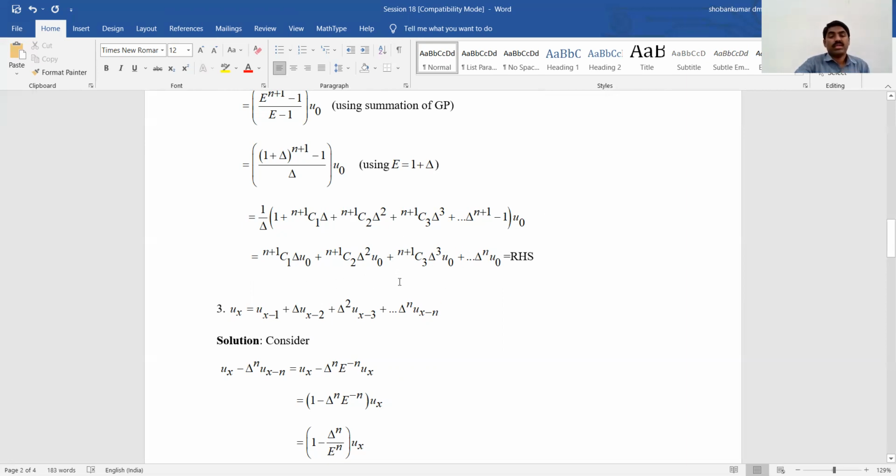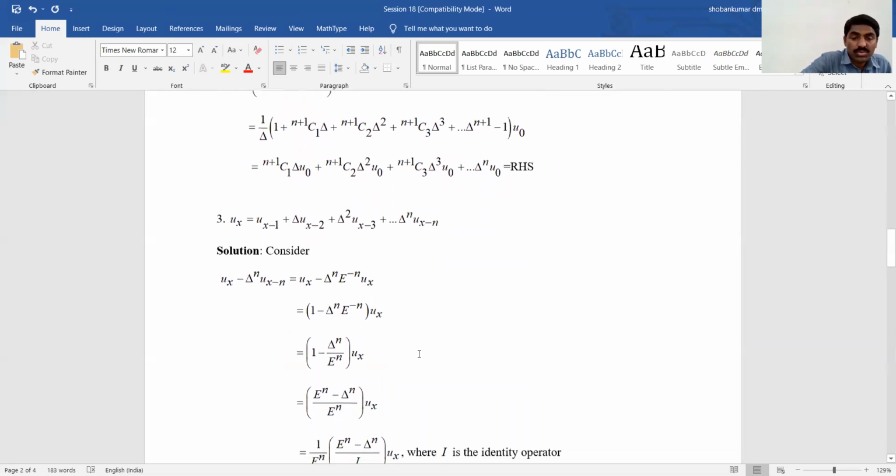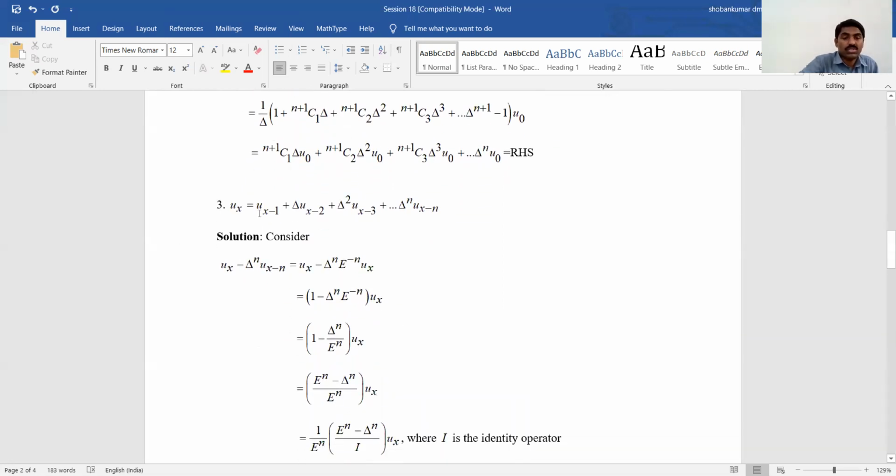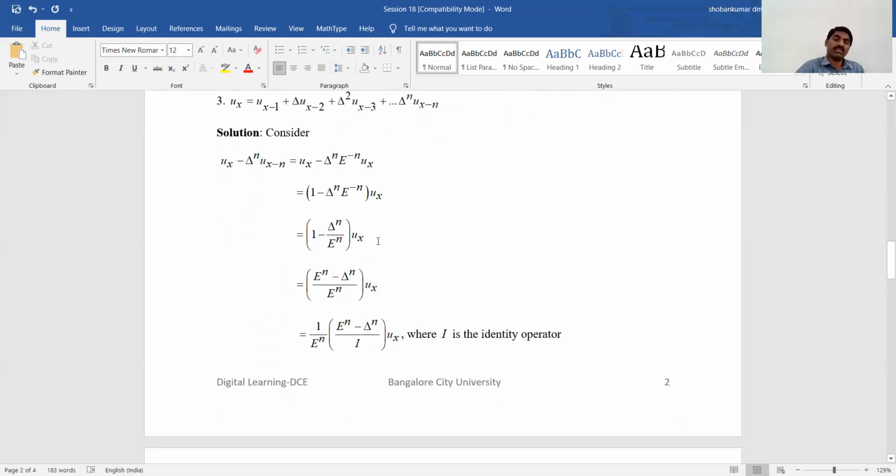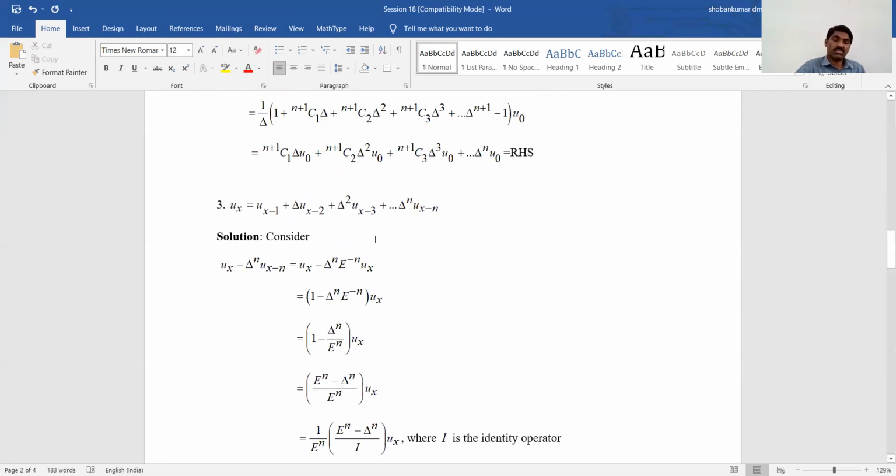Okay. And another one: prove that ux equal to ux minus 1 plus delta ux minus 2 plus delta square ux minus 3 plus and so on plus delta n ux minus n. Now you have to prove right hand side to left hand side. Or it can be written in this form, just rearranging.